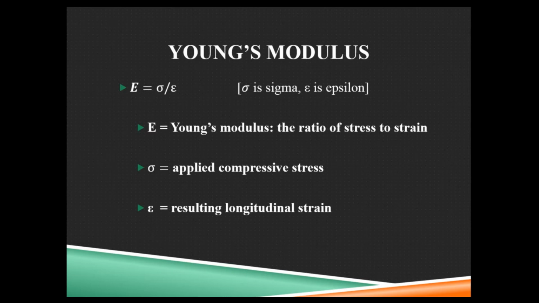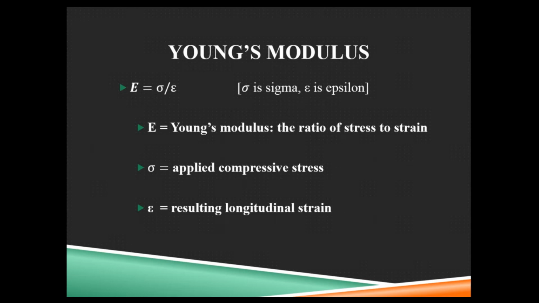Sigma is in the compressive direction. In geology, remember, compressive stress is positive. I know, opposite for the engineers or physicists, but in geology, compression is the most common stress you'll find anywhere in the world. So geologists use positive value for compressive stress.